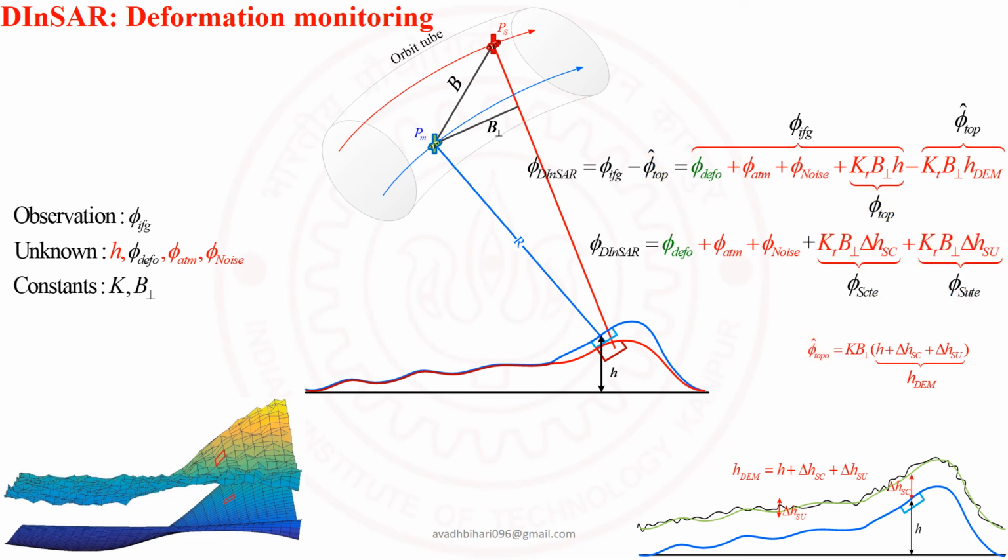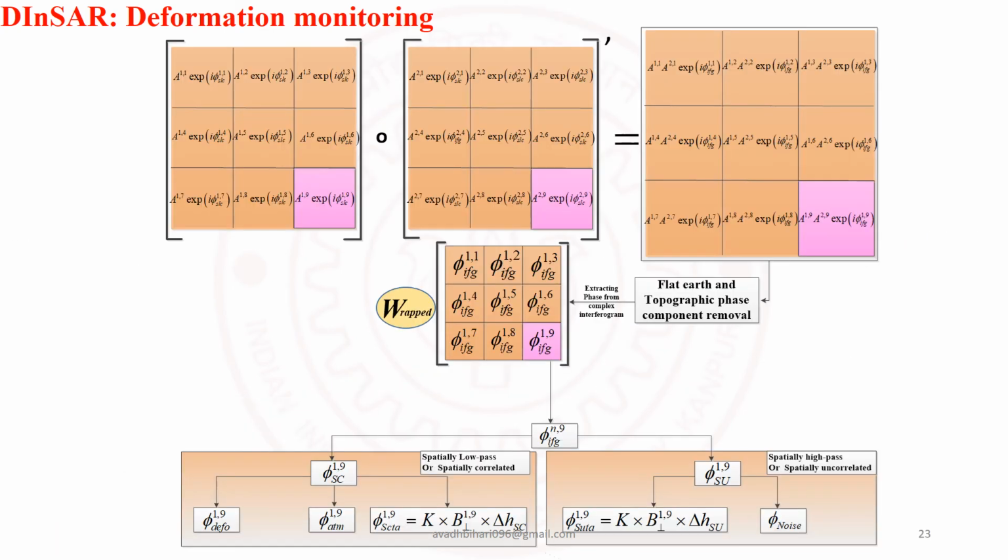After removing the contribution of known topography from the interferometric phase, the resultant interferogram is called a differential interferogram and the procedure is called differential InSAR, in short, D-InSAR. So let's summarize the procedure of deformation estimation. We had two SLC images. We took the Hermitian product of one image with the complex conjugate of another image. We get a complex interferogram.